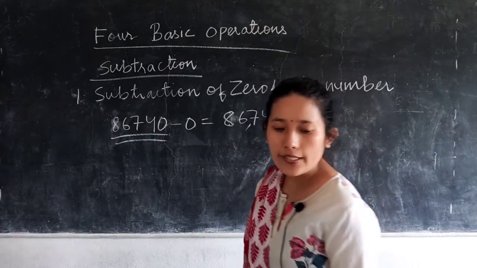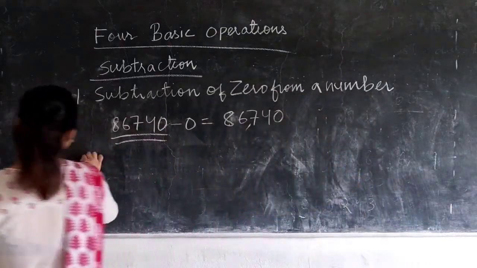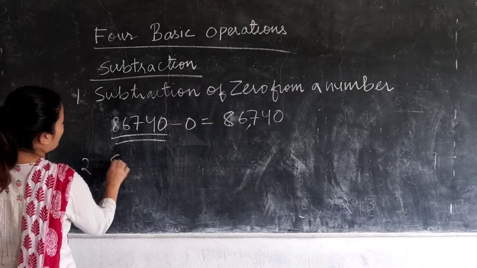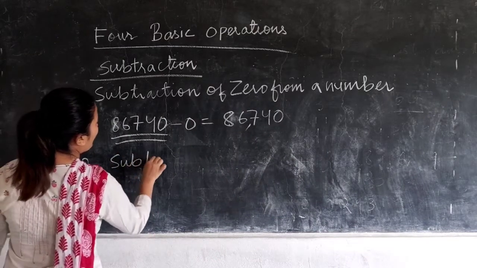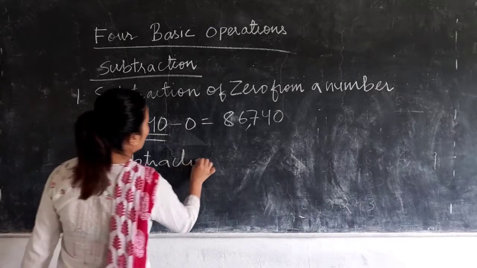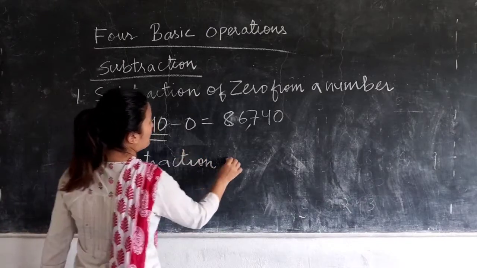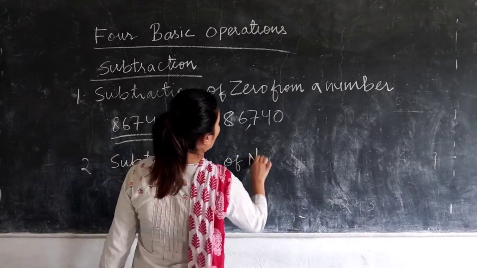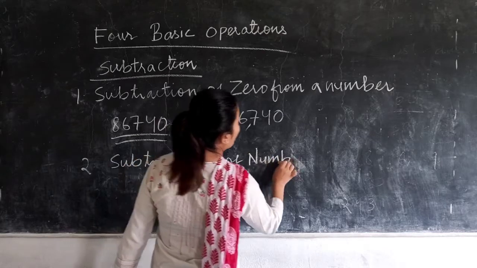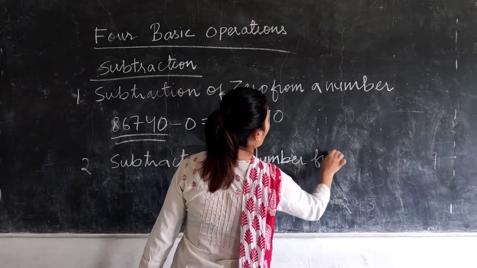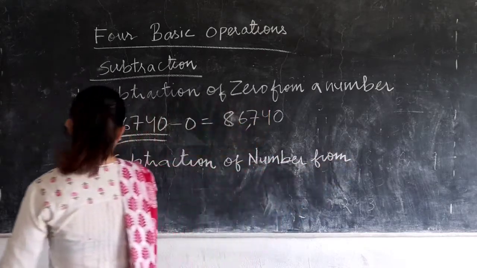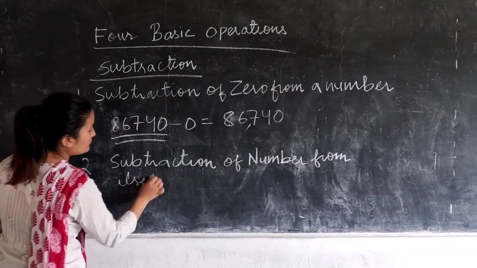Okay, the second property is subtraction of a number from itself. Now what does that mean?